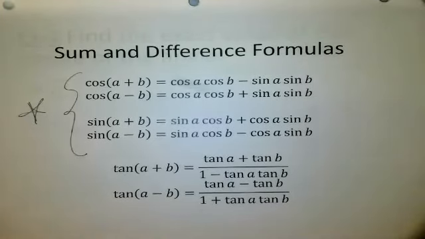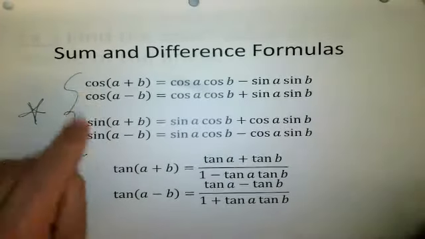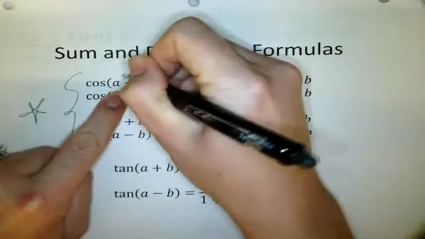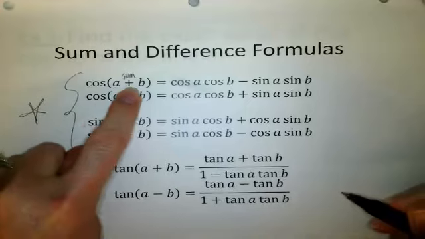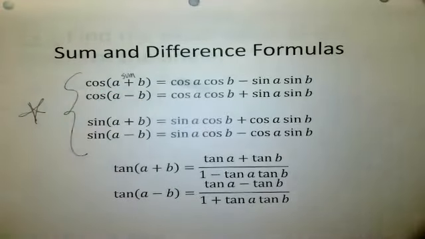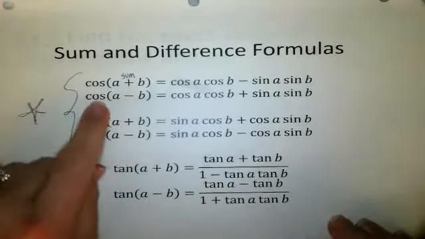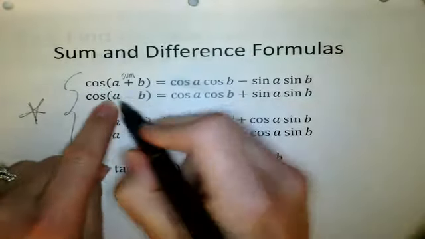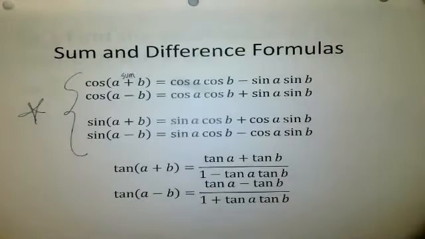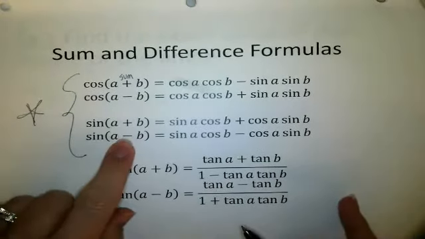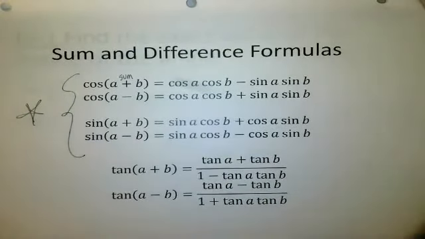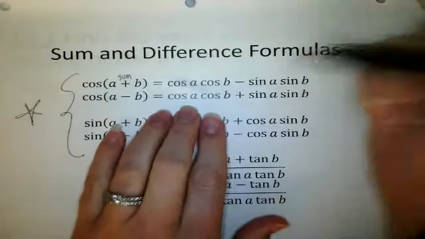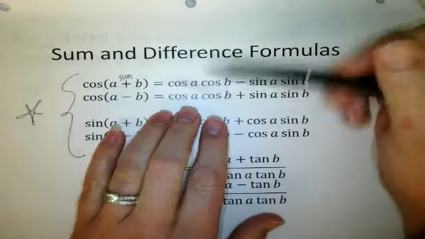All right. So these are called the sum and difference formulas. This is the cosine sum because it is the sum of angle A and angle B. This would be the cosine difference because it's the difference of A and B. And again, here we have the sine sum and the sine difference of two angles A and B. Now, you'll notice for cosine, this is a very easy pattern.